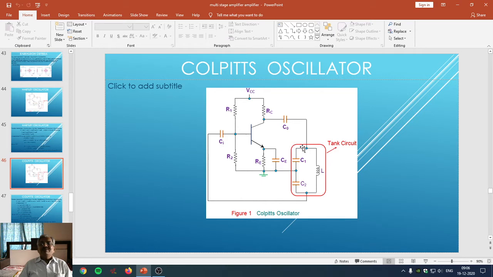Naturally, the oscillations are generated in the tank circuit, as we have studied in the working of this particular tank circuit, and the generated oscillations are fed back to the input.